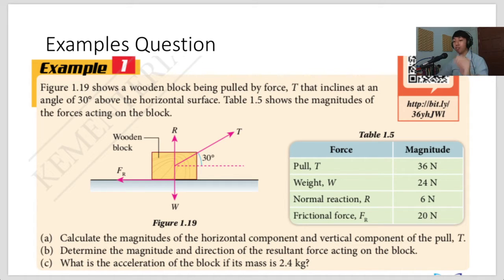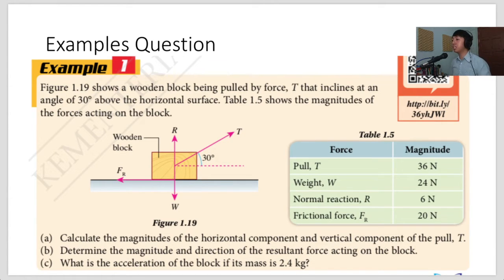One thing you have to be careful about: there's a lot of information here, and it's really easy to get confused about which information you're supposed to use. That's one of the challenges of physics. Sometimes they give you a lot of information, but you actually don't need to use everything.